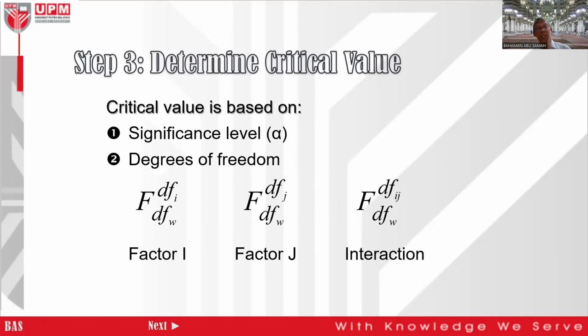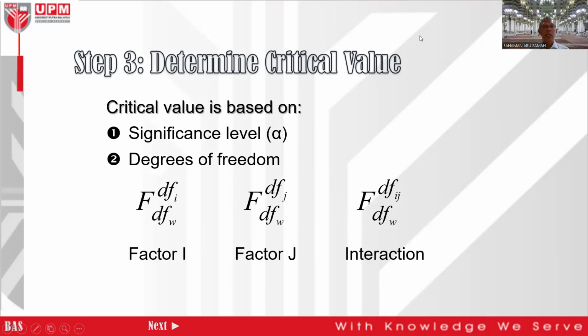The critical value for interaction will be degree of freedom for IJ and degree of freedom for within. That means the denominator will always be degree of freedom for within, but for the numerator, the one on top, it will be the degree of freedom for the factors as well as for the interaction.